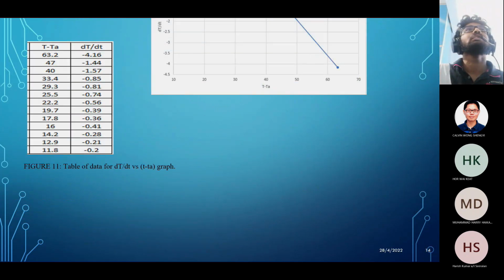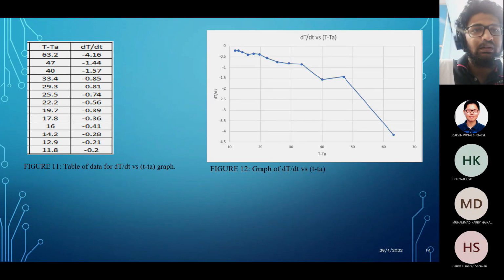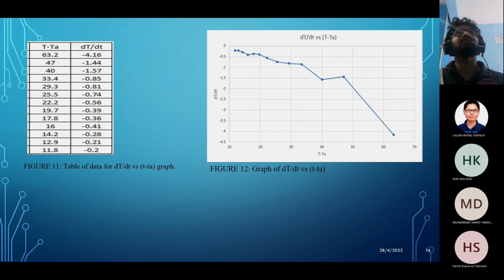From this is the evaluation that I get for dT over dt versus the TA graph.